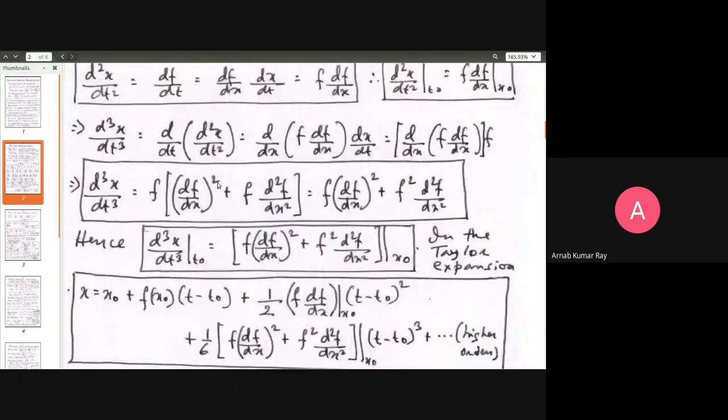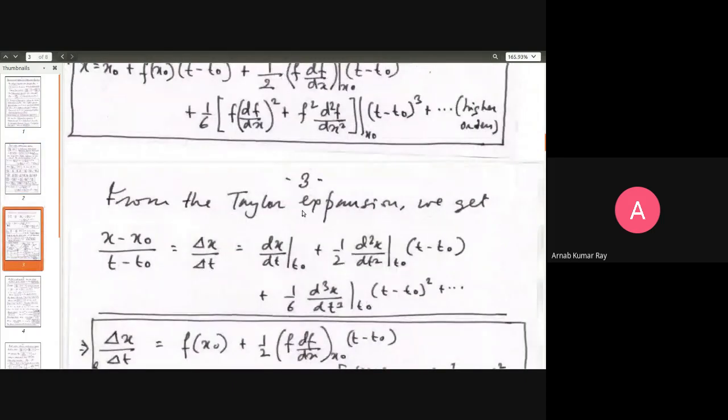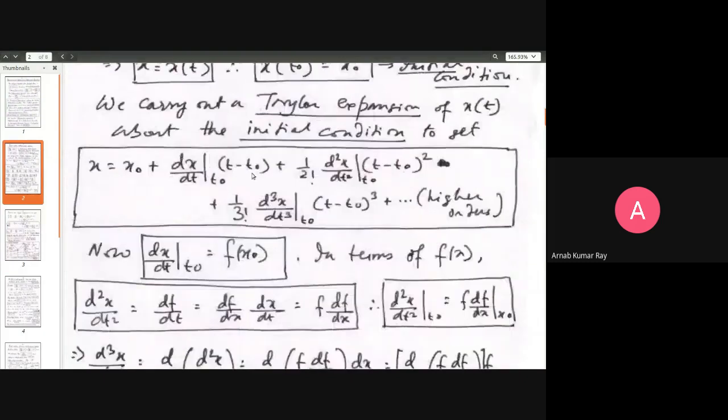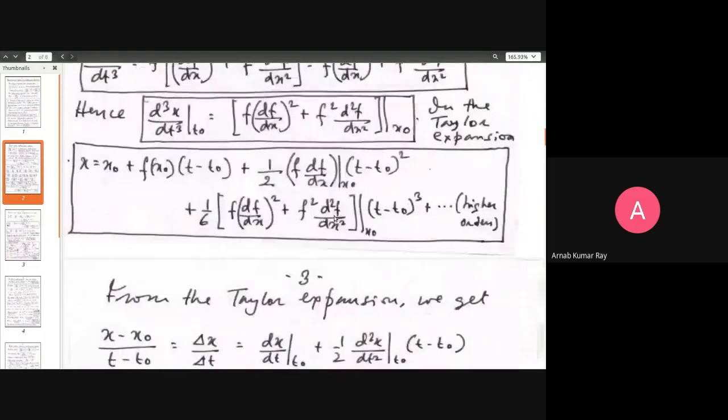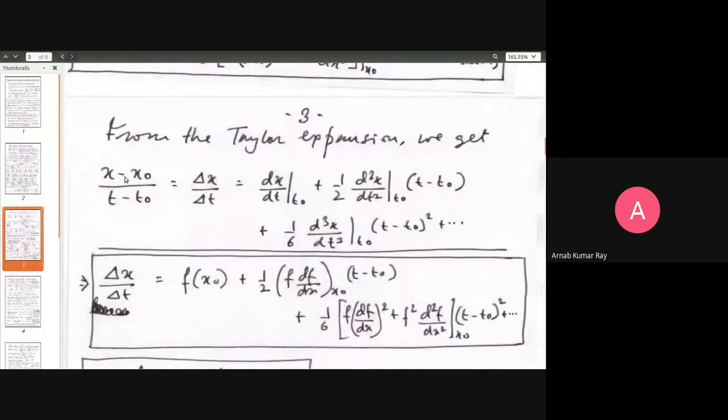We have taken x naught to the left-hand side, and then we divide throughout by t minus t naught. All the terms have a t minus t naught of some order. So first, x minus x naught by t minus t naught. What is x minus x naught? It is delta x, a small difference in x, divided by t minus t naught, a small difference in t. Well, small or large, it doesn't matter. Difference in x, difference in t.